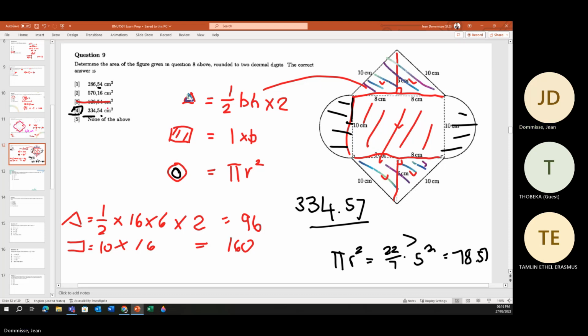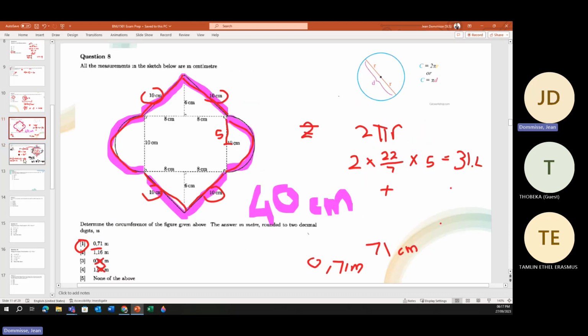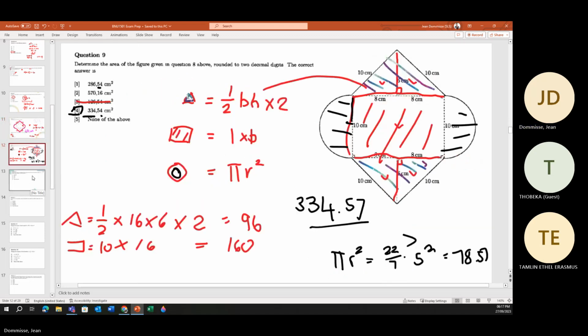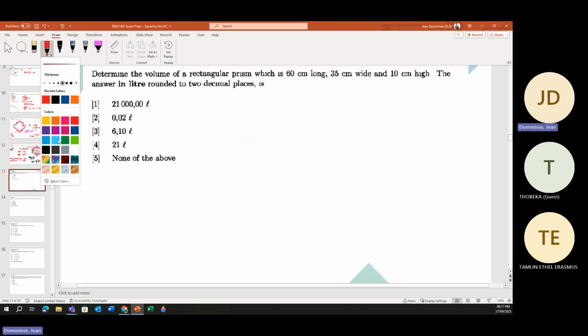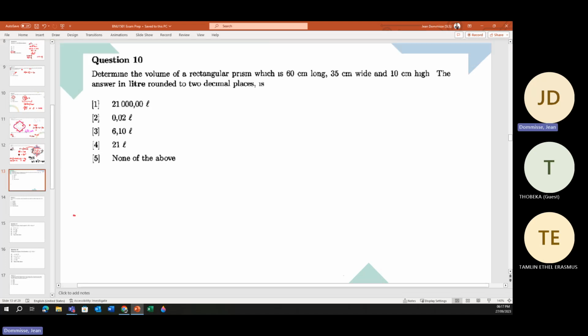And then after you've calculated all 3 areas, you add them all together and you will get one of the answers. Okay, but I will check for more examples on this, because I know they ask that every exam. There's basically 2 questions in the paper on area, on circumference, and sometimes there's one on volume as well.